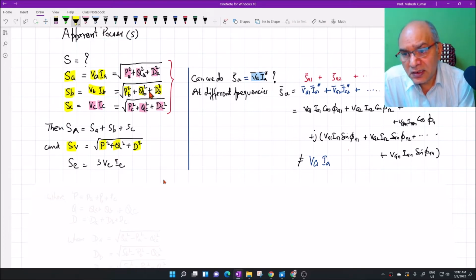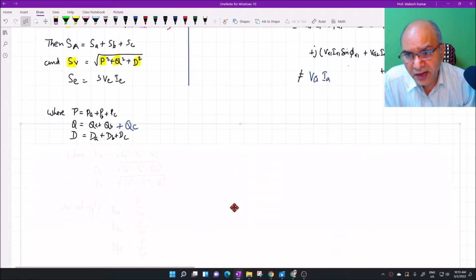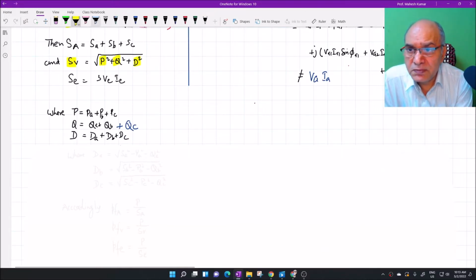P is the sum of real power of each phase. That you can see here. P is PA plus PB plus PC. So this P is sum of PA, PB, and PC. Similarly, Q is the sum of QA plus QB plus QC. And then D is sum of DA plus DB plus DC.